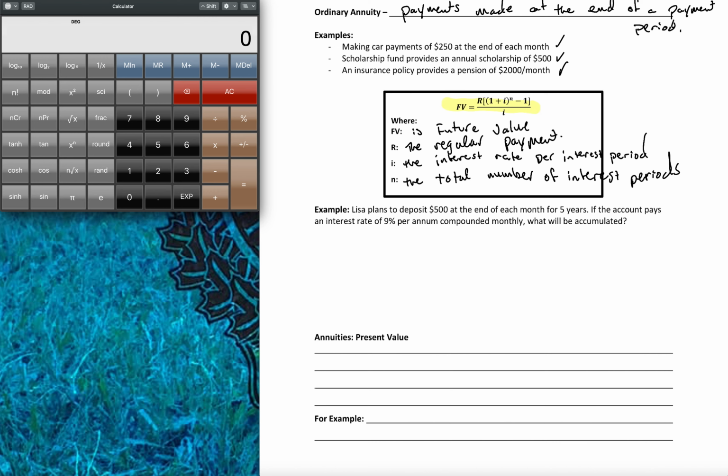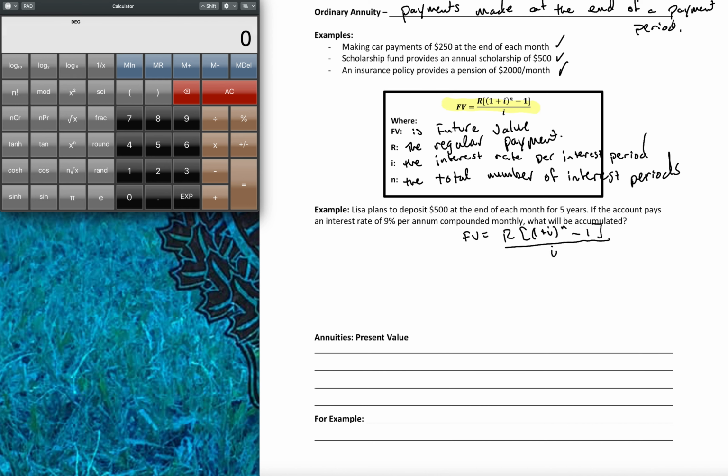So we're looking for that future value. We know we're going to use this equation: FV equals R multiplied by 1 plus I to the power of N, minus 1. This equation is a little bit more complicated than maybe what we've seen.